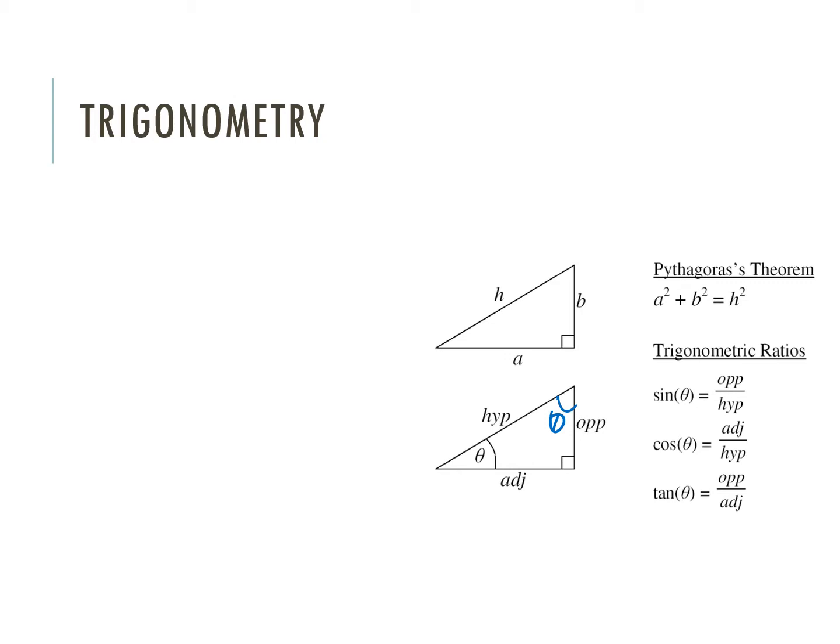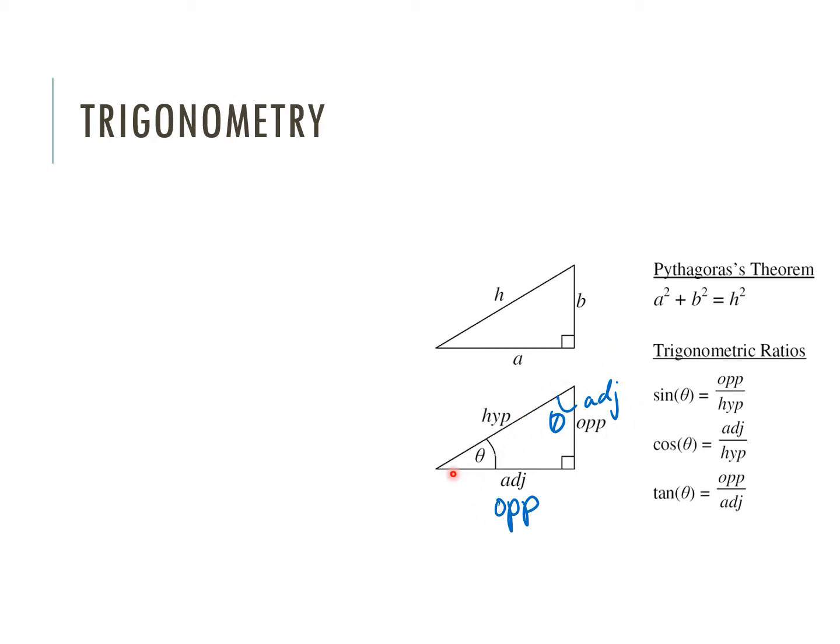One of them is the left part of the triangle here, and then we could have the top one. And what that would do is it would take us to relabel our triangle such that we have the adjacent where the opposite was for our other angle.